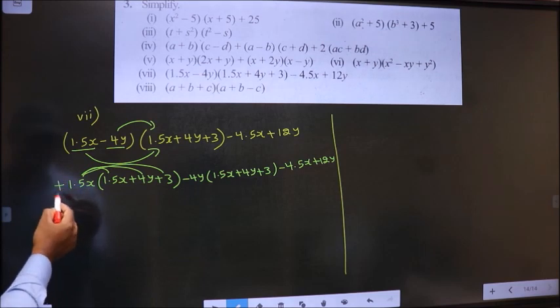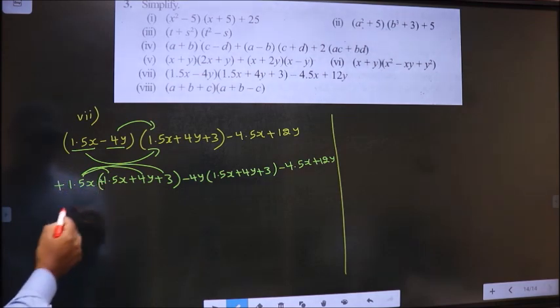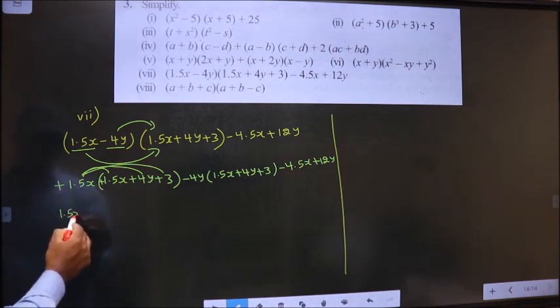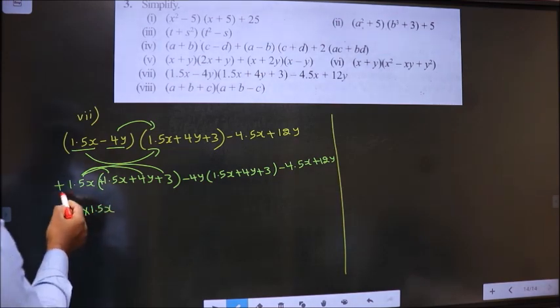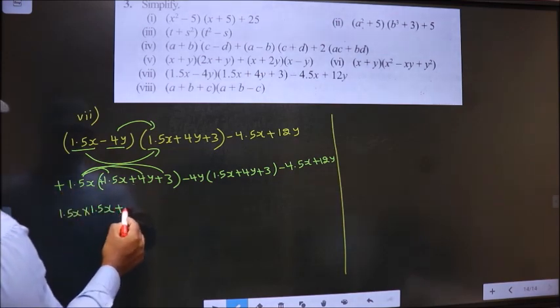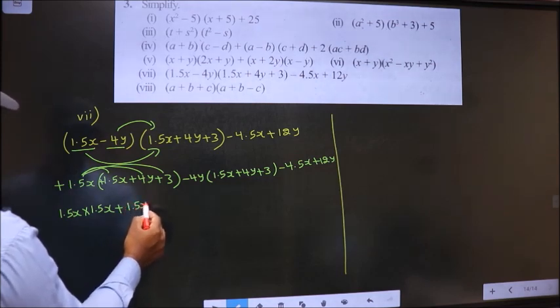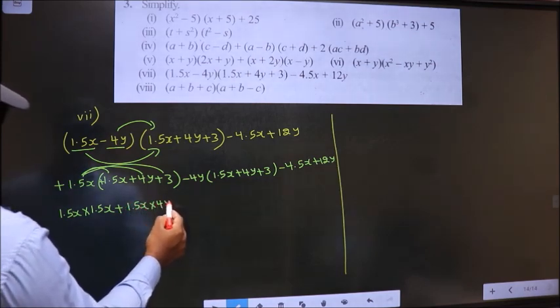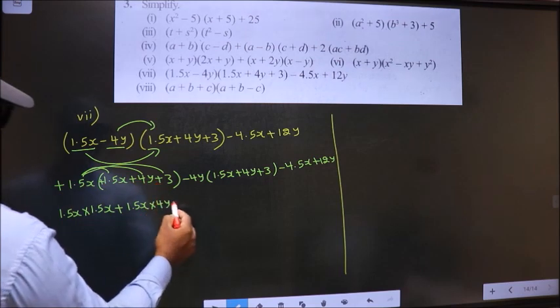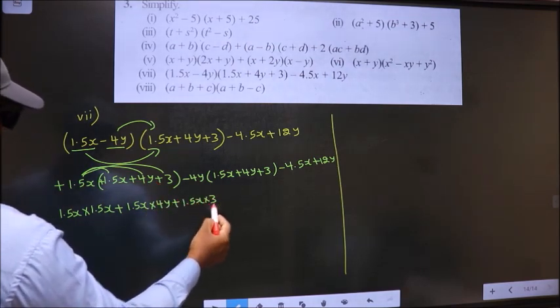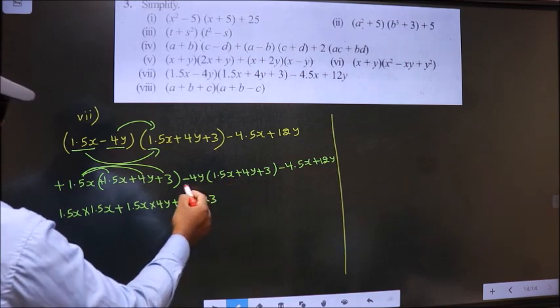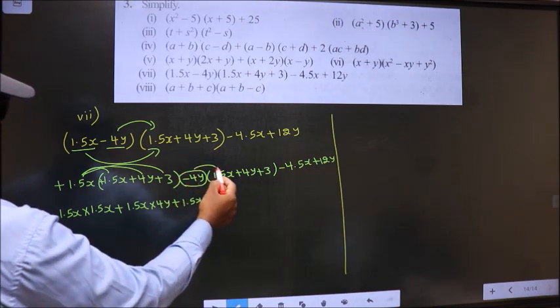That is, here it is plus into plus, plus. So 1.5x into 1.5x. Now plus into plus, plus, 1.5x into 4y. Plus into plus, plus, 1.5x into 3. Now here we should open up the brackets with minus 4y.